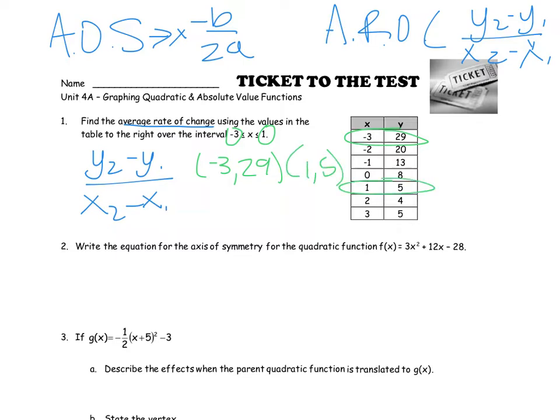So the endpoints of your interval are going to give you what you're looking for on the table. Let's set it up: y2 minus y1 over x2 minus x1. So we have negative 24 over 4, which is negative 6.